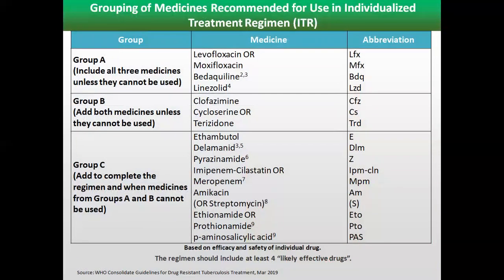Don't be intimidated with the individualized treatment regimen because, again, diba, as I always mentioned earlier, once the patient is not anymore pasok for the standardized treatment regimen, then ano yung unang-unang gawin is to refer the patient or the case to the TB MAC.